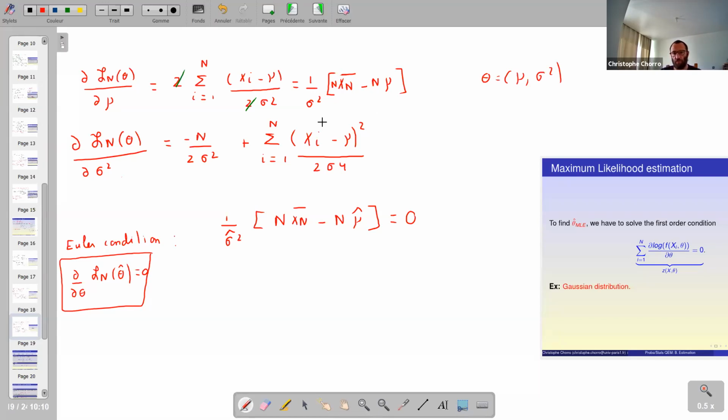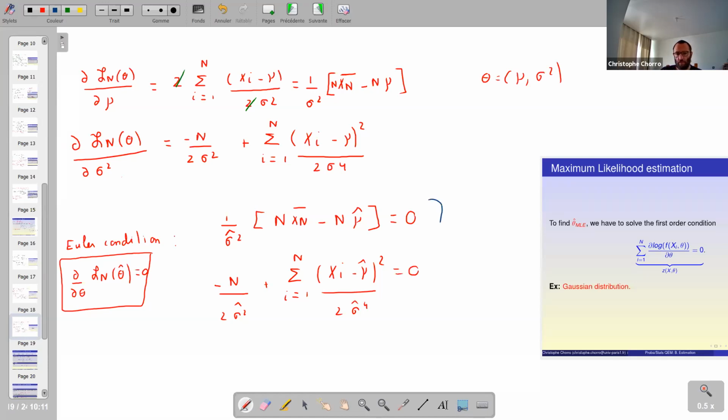So I replace mu and sigma square by the point where the derivative is 0 in the conditions, and I obtain here the second one, that is minus n over 2 sigma hat square plus the sum from i equal to 1 to n of (xi minus mu hat) square over 2 sigma hat 4 equal to 0.